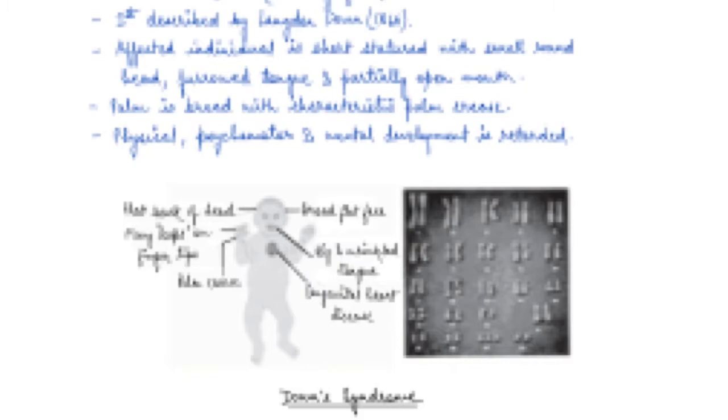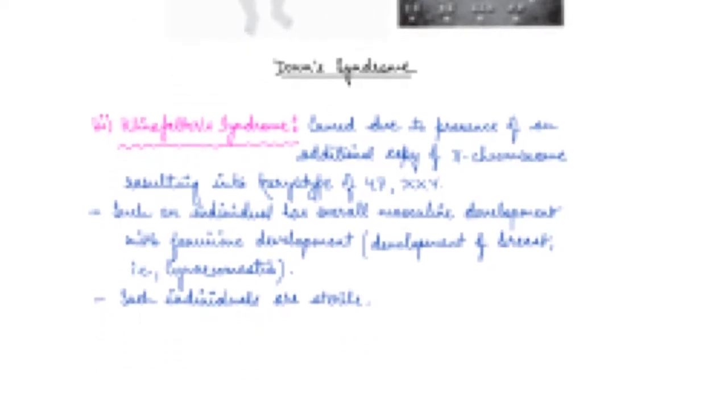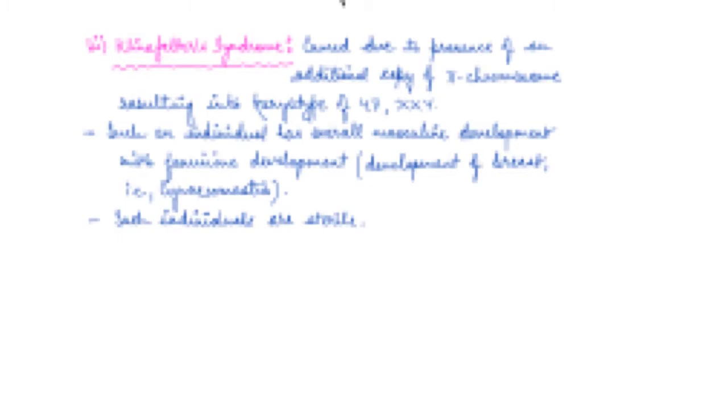Now, the second type of disease is Klinefelter syndrome. So, what is Klinefelter syndrome? In this, you have an additional copy of the X chromosome present. Now, these are the sex chromosomes, remember. So instead of 46, you have 47 chromosomes, wherein instead of XY, you have XXY, right?